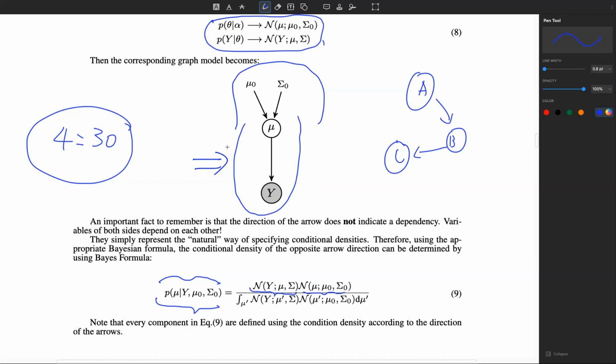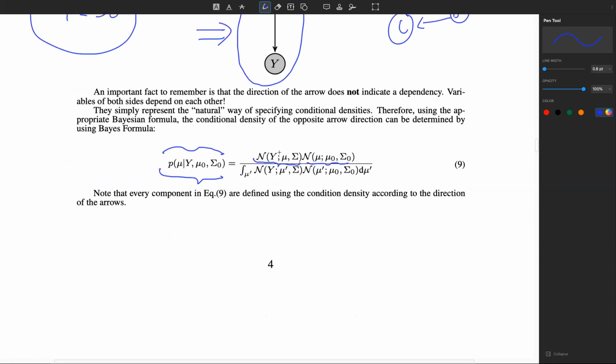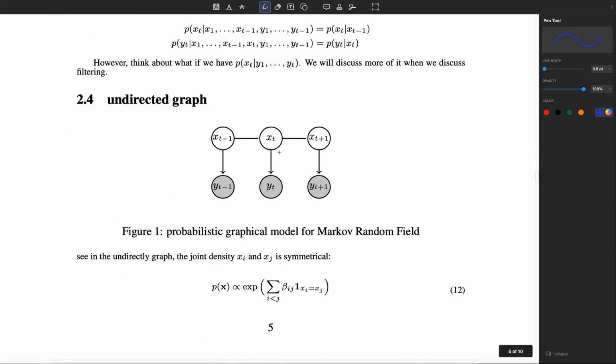Okay, and when you have seen a directed graph, there must be an undirected graph. They are no longer generative models, but you have an undirected graph, something like this.